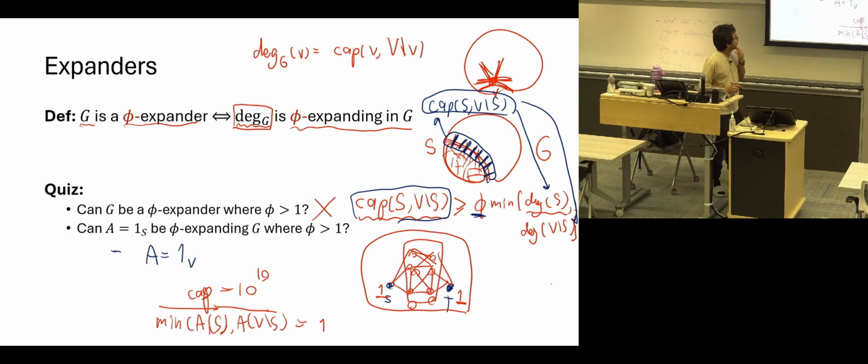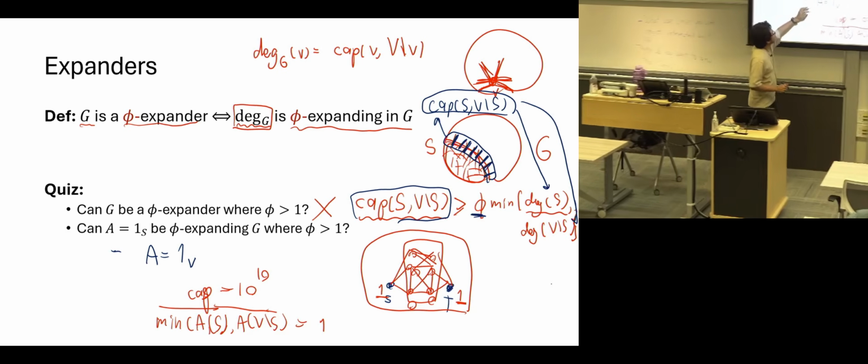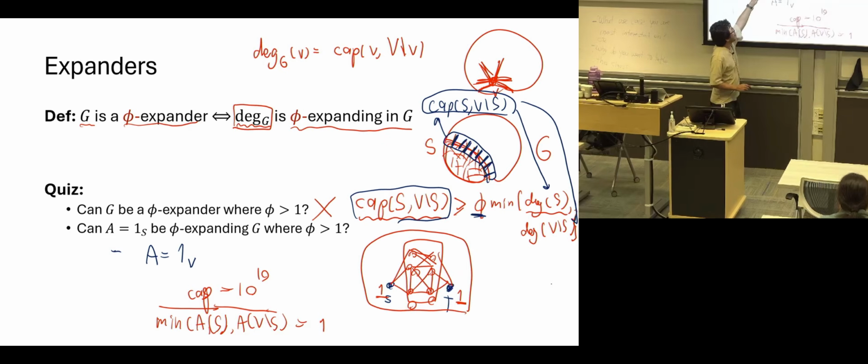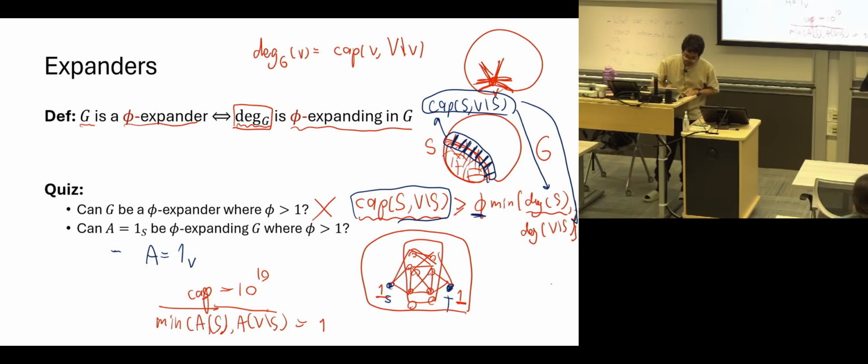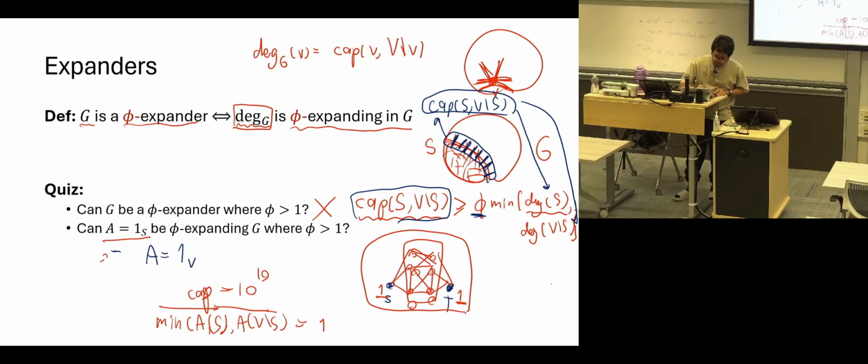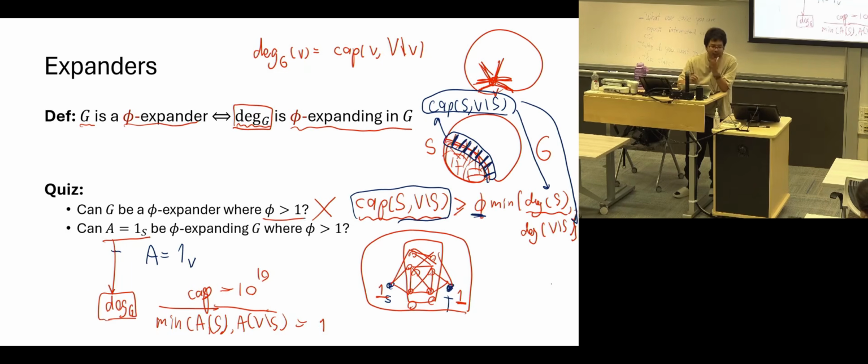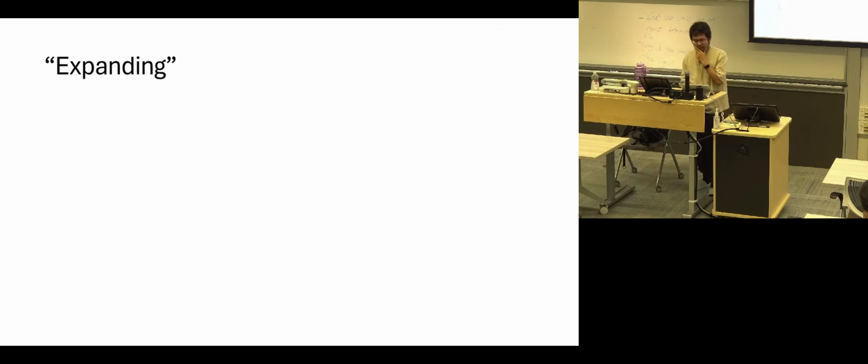Yeah. So most of the time we think of A as degree node weighting, and that's why once A is degree node weighting, phi is at most 1. Okay. Good.